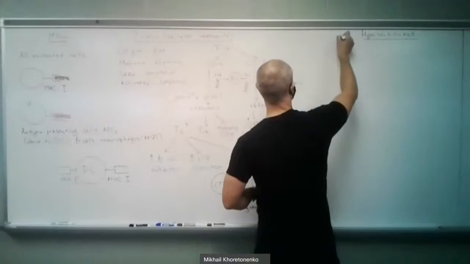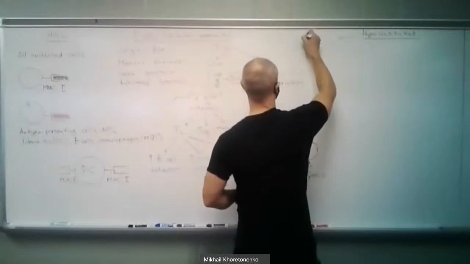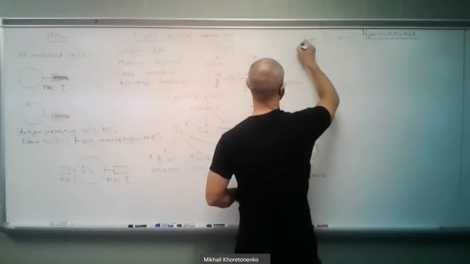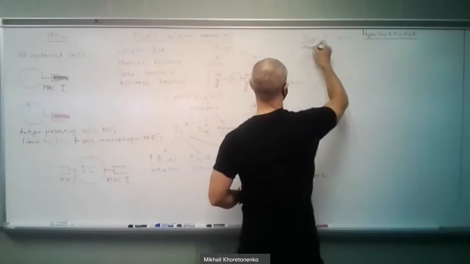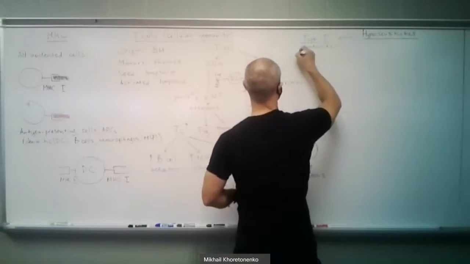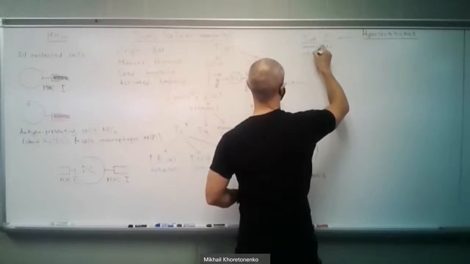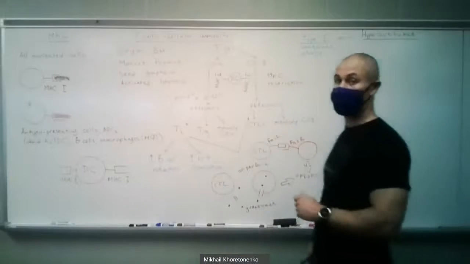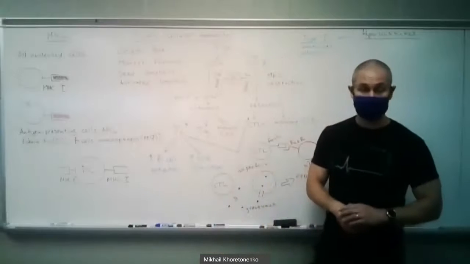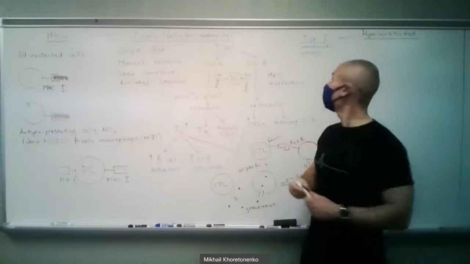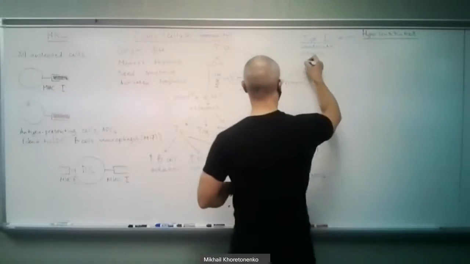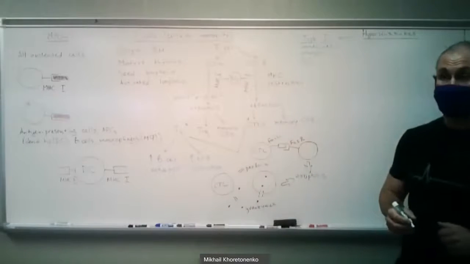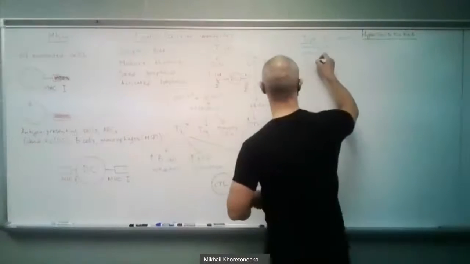The first type of hypersensitivity is called type 1, which is also called immediate. And this is allergy. So in the immediate hypersensitivity, you are exposed to the allergen. Your immune system produces immunoglobulin E, which then attaches to mast cells.